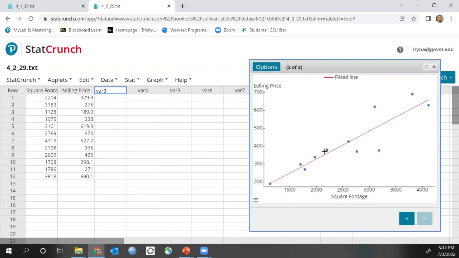Some of this variation here can be explained by the line, but for some of them, there is probably some other reason why they're a little further away from what they're supposed to be. It could be a different neighborhood. It could be what upgrades you have, finishes in your house. Those are the top 3 things I could think of.